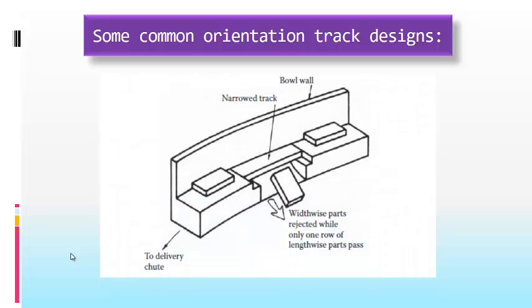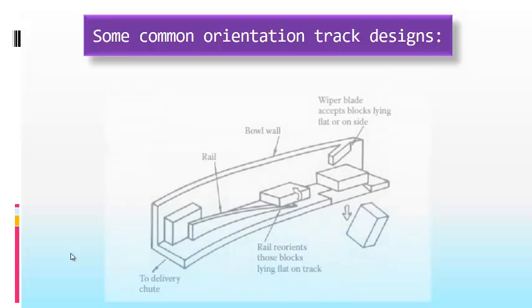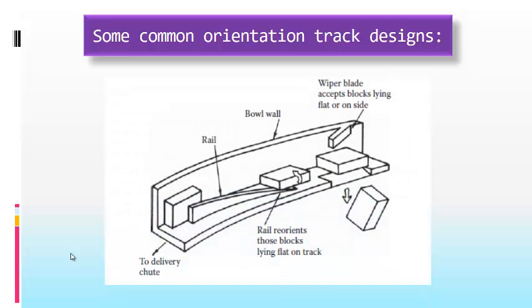Now in this he narrows the track so that a part coming in its longitudinal orientation will go, and the part on its side will fall down. Here he used a wiper, a wall projection and a narrow track. Here again he narrowed the track and used a wiper and a rail.